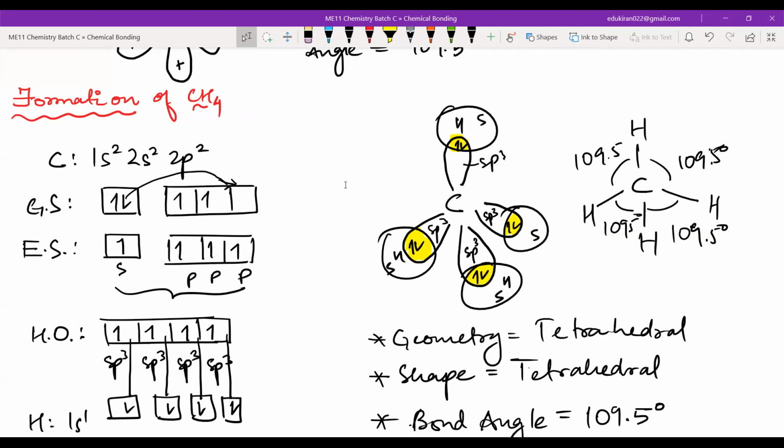Very good. Now you answer yourself. In the ground state, 2. Now you ask yourself, what is the next question? Does it need more unpaired electrons? Yes or no? Yes.